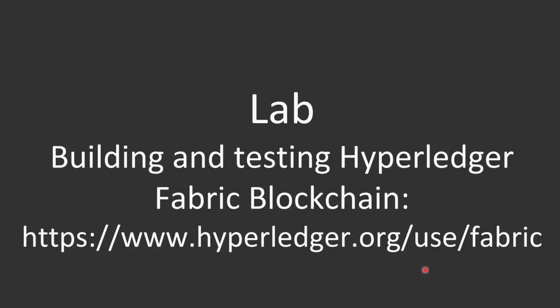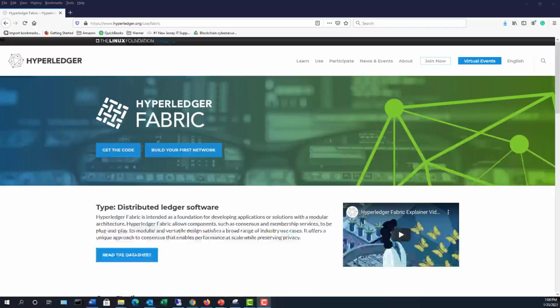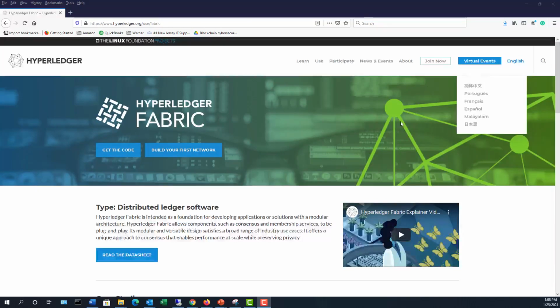For our lab, let's go out to the hyperledger.org website for Fabric and take a look at what's available there, and take a look at some of the introduction and some of the smaller tutorial videos. So for our lab, we want to go to the Hyperledger Fabric website that's part of the Linux Foundation.